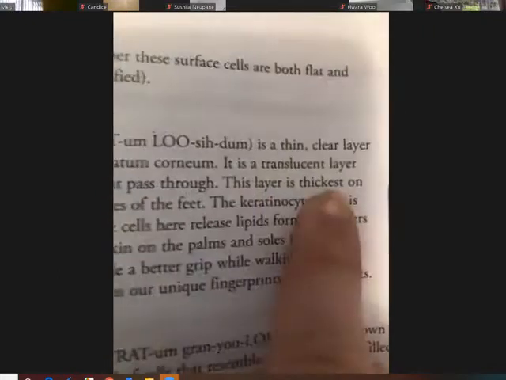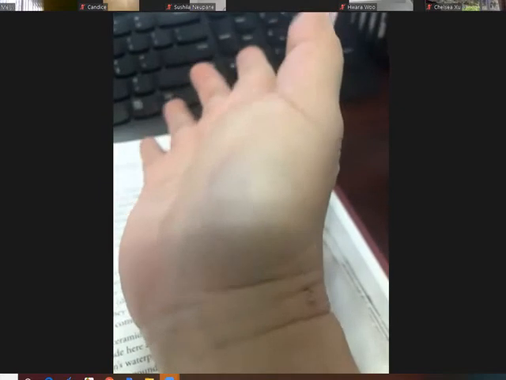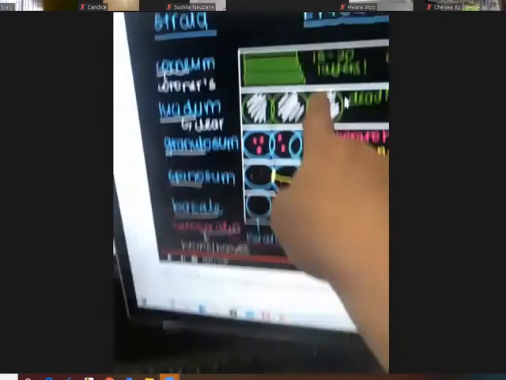So 这第二层在我们的手板跟脚底板是最厚的。Okay, that's why you can see our palm, you can see that it's a little bit clear. 所以你看我们为什么我的掌心有一点透明，就是因为这是第二层在我们的掌心是最厚的。That's why it looks a little bit clear.